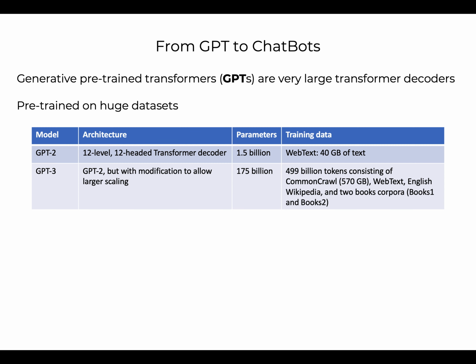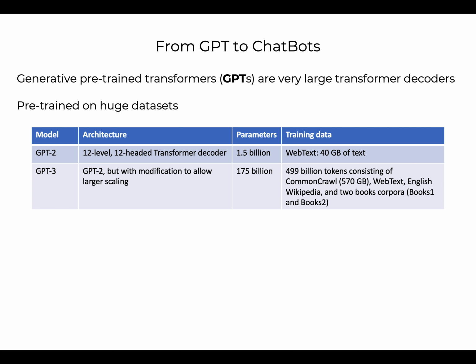GPT-2 had 12 layers of transformer decoders, so each transformer layer had 12 heads in the multi-head attention. Total number of parameters was 1.5 billion, and it was trained on the WebText dataset, which is 40 gigabytes of text.